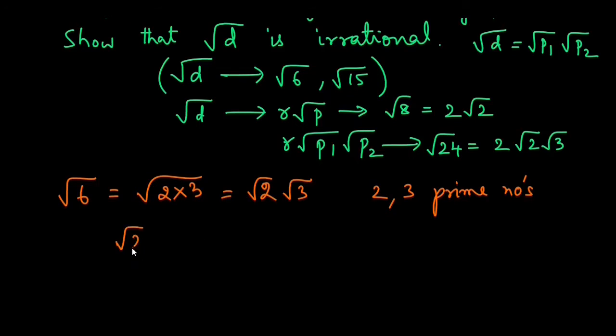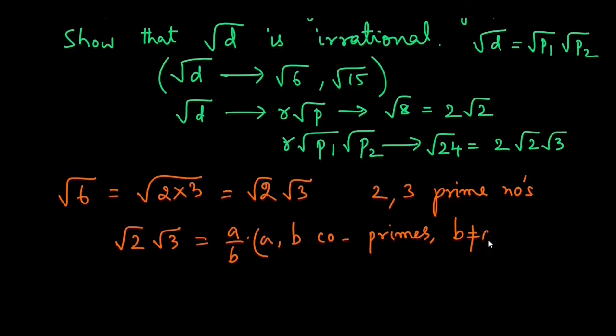Suppose root 2 into root 3 is equal to a by b, where a and b are co-primes and b is not equal to 0. So here we will assume that root 2 into root 3 is a rational number.